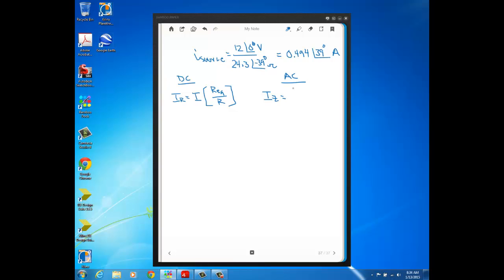So the current through an impedance is the current flowing into the parallel combination of impedances, and now your ratio is ZEQ divided by Z, where Z is the impedance that you want the current for.